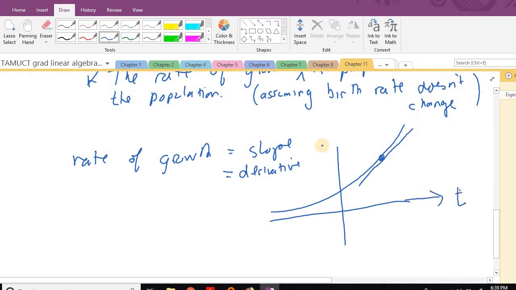So I have t here and population here. If this curve is p of t, this slope is equal to dp dt. If I call this point t0, this would be dp dt at the point t0.